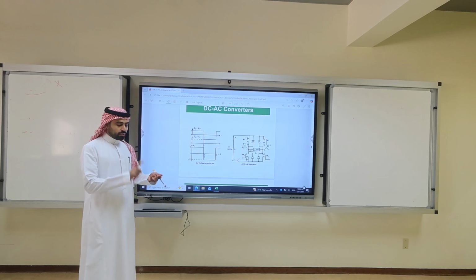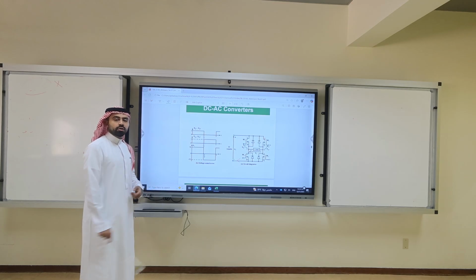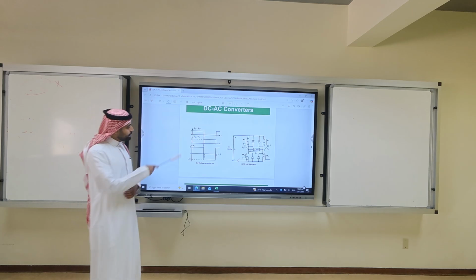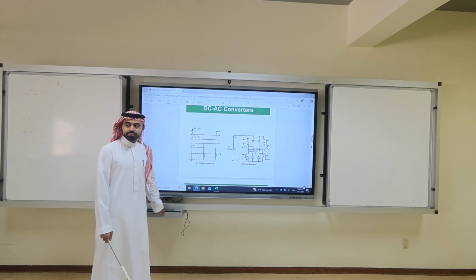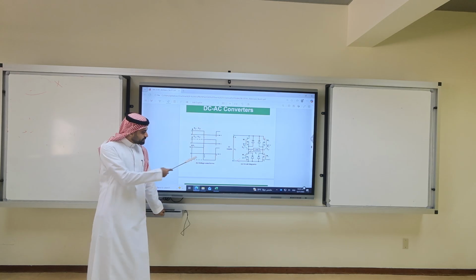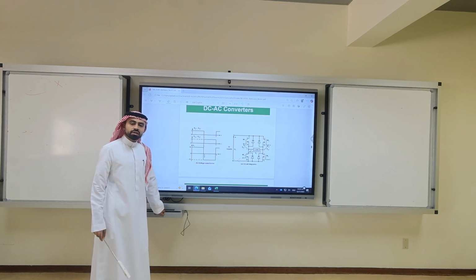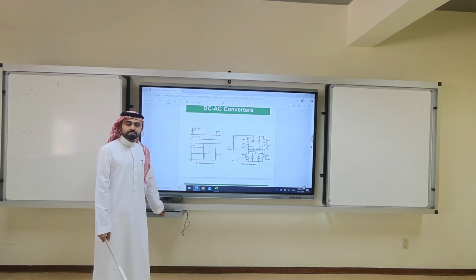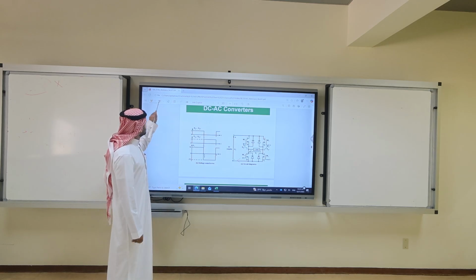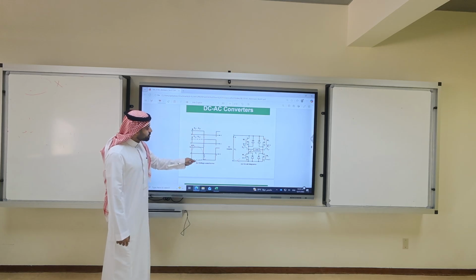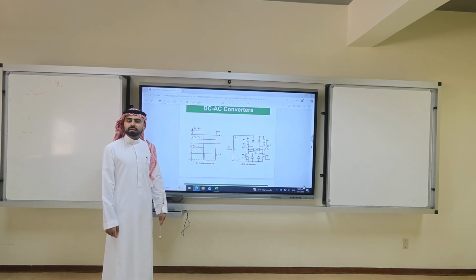If you add omega t, 2 omega t, 3 omega t, all the way to infinity, you get a perfect rectangular AC signal. So how to get a sinusoid? Just apply a low pass filter. When you apply a low pass filter, you get one harmonic, one sinusoid, and then you get the AC signal.